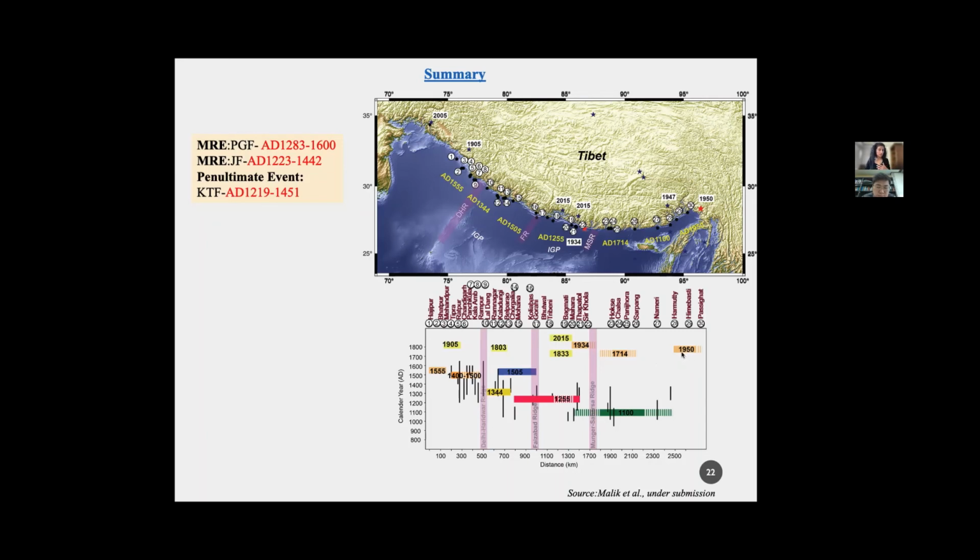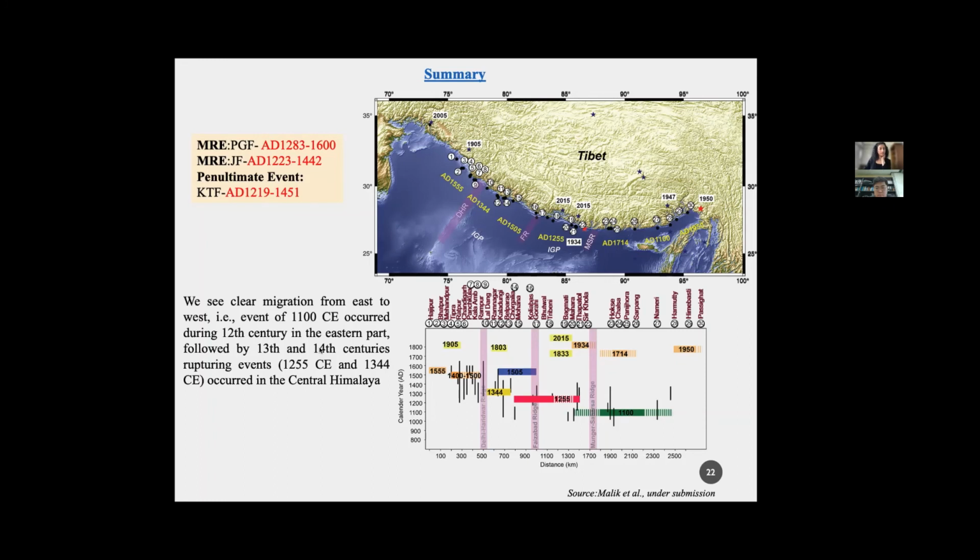There is evidence that 1950 ruptured the frontal thrust, and 1934 also ruptured the Himalayan frontal thrust. But no earthquake has ruptured the Himalayan frontal thrust in Northwest Himalaya after the 14th century earthquake. So there is a seismic quiescence in the northwest part of Himalaya after the 14th century. Oh, sorry, after the 16th century.